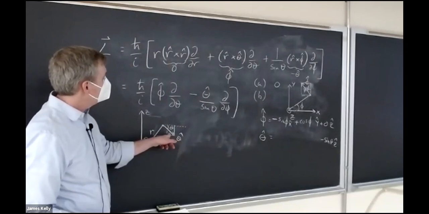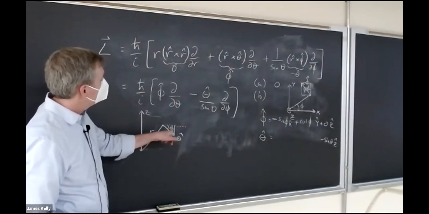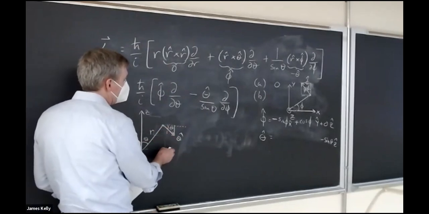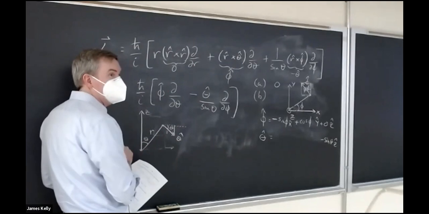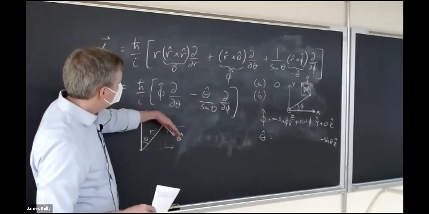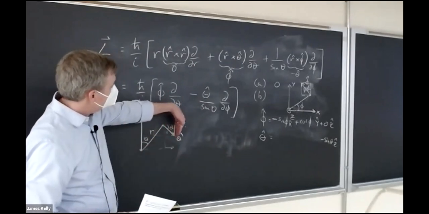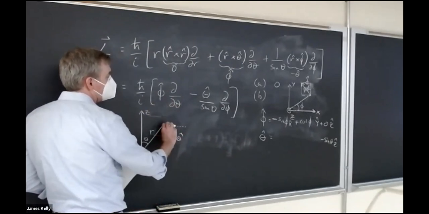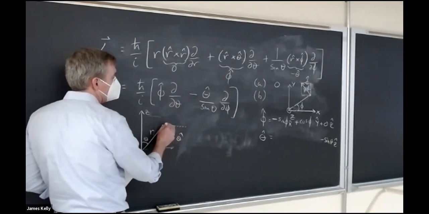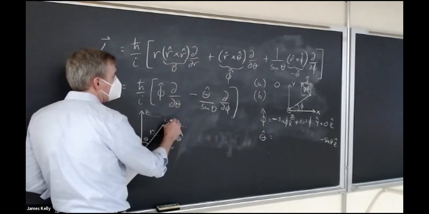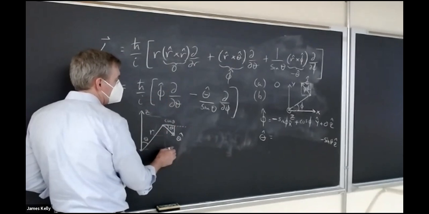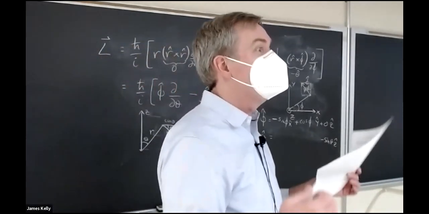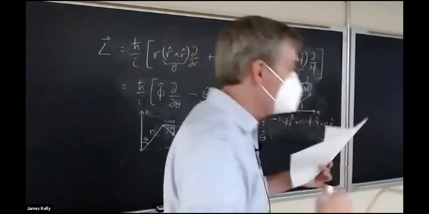Well, then what we do is this vector theta hat, I can project it onto the xy plane down here. And we just say, well, if its length is 1, its projection onto the xy plane has length cosine theta. So here's a vector of length cosine theta, and then I have to further project that onto the x hat and y hat axes in the xy plane.